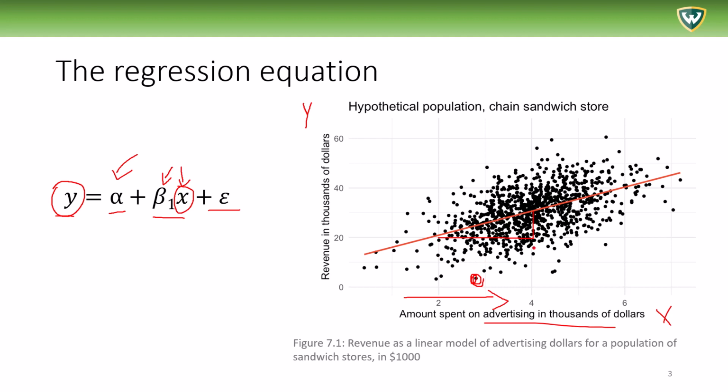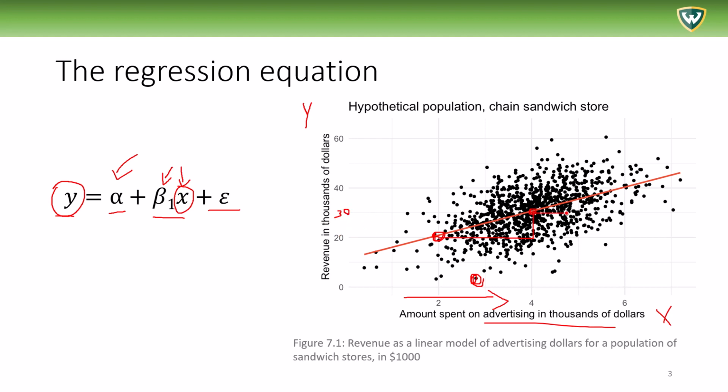You see this? Here 2 to 3, 3 to 4, there's 2 units. So from here to here, a 2 unit increase in advertising leads to a 10 increase. So that means a 1 unit increase in advertising increases the revenue by 5,000. Because assuming this is 30.